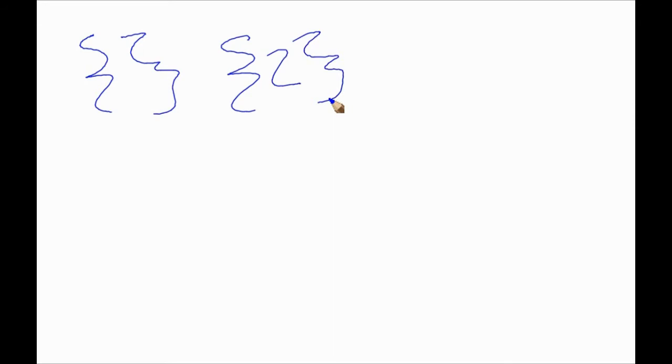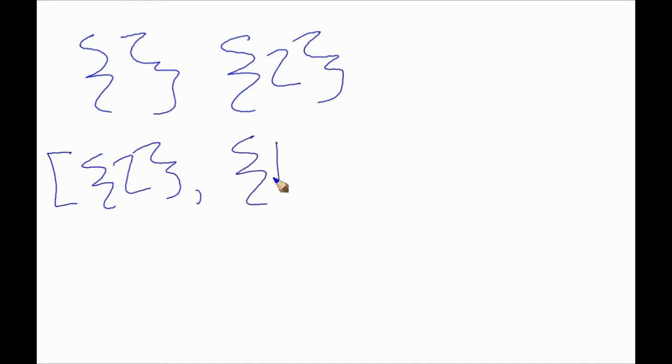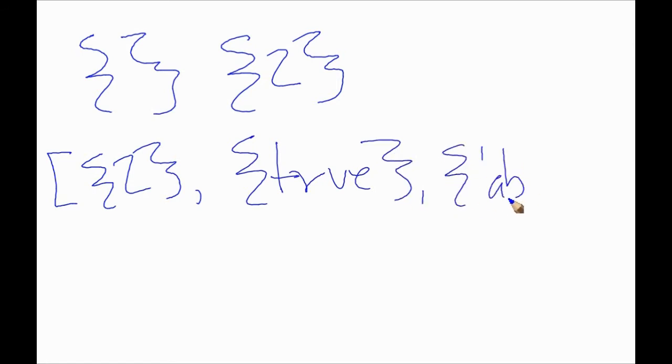If I wanted to have a vector with the number 2, the value of true, and the string ABC, I could have a vector with the cell containing 2, the cell containing true, and the cell containing the string ABC.